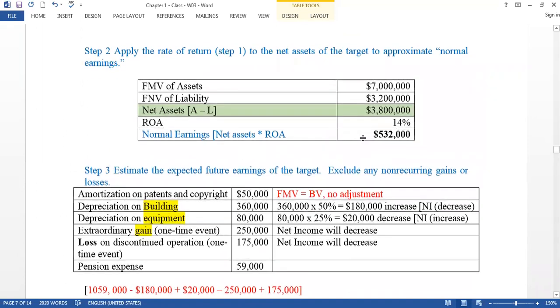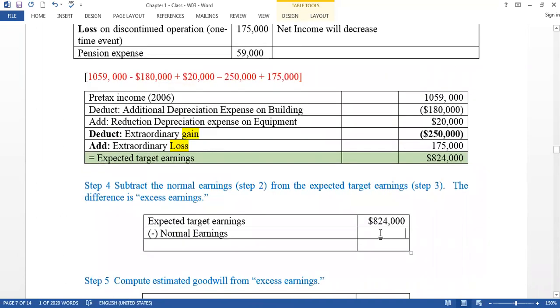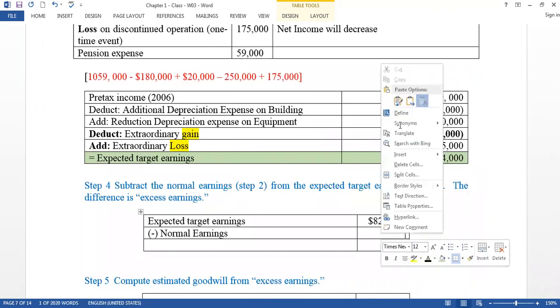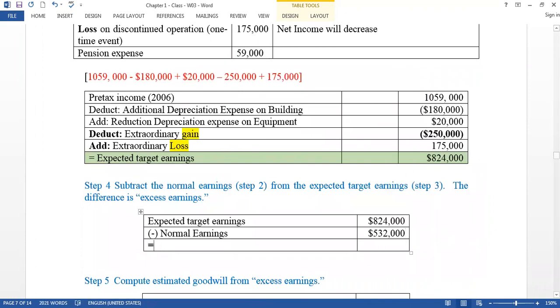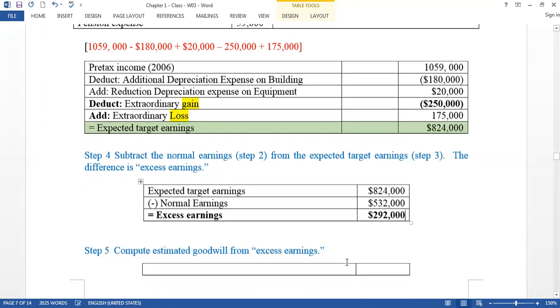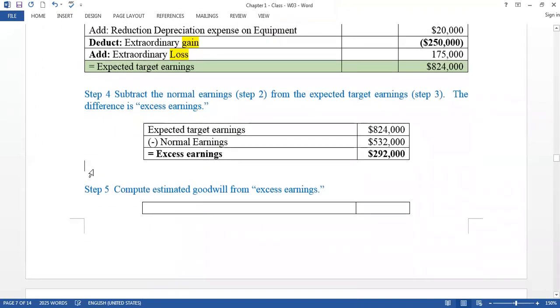And our normal earnings is this amount. So this is equal. So our excess earnings is $292,000. This is the excess earnings.